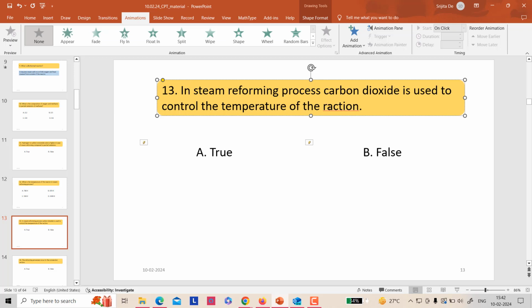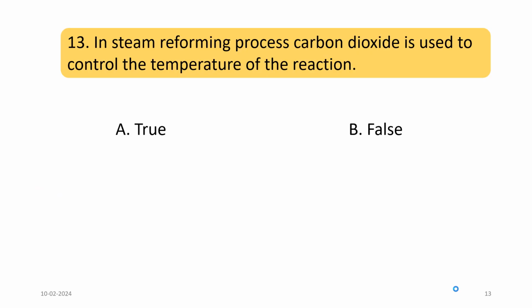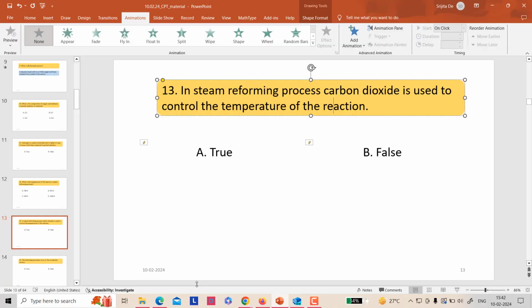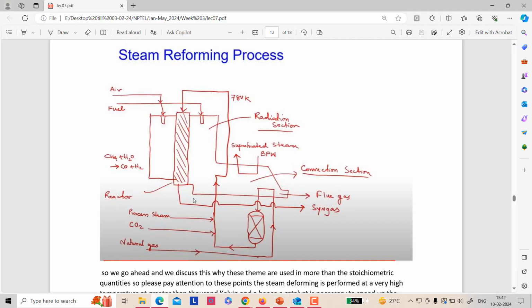It is true. Here you can see that the product from the reactor is the syngas, and the natural gas is coming into this reactor where the process stream and CO2 are mixed. So CO2 and the process stream are used to control the temperature of the whole exothermic and endothermic processes.